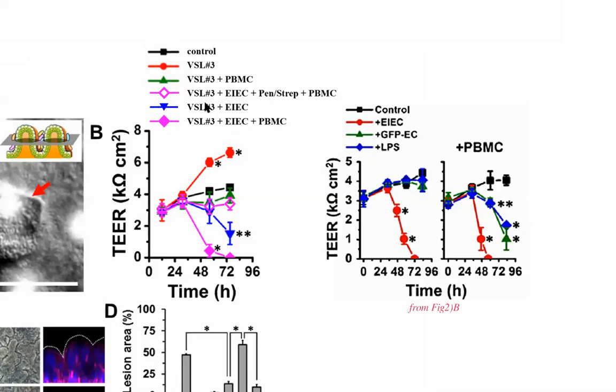And when we compare this magenta one with this red one here, we can see the injury, although it was a little bit slower than the red one, still it can prevent the injury caused by the EIEC and the PBMC. So this tells us that maybe the probiotic therapy is only helpful during the early phase of inflammation, meaning before our body has the immune response.